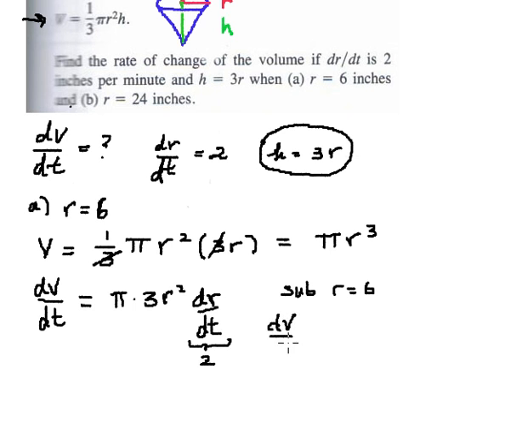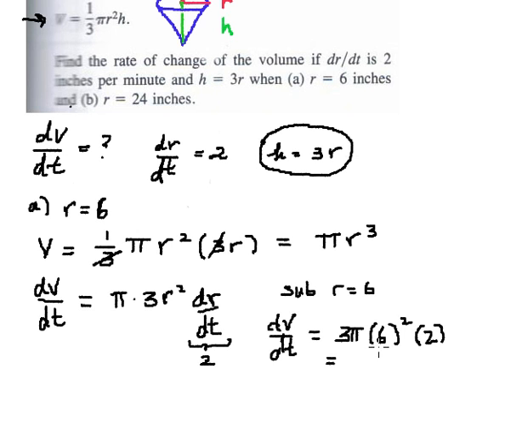And we get that dV/dt is equal to 3 pi times 6 squared, that's 36, times 2. That's 3 times 36 times 2. That's 3 times 2, that's 6, times 36.